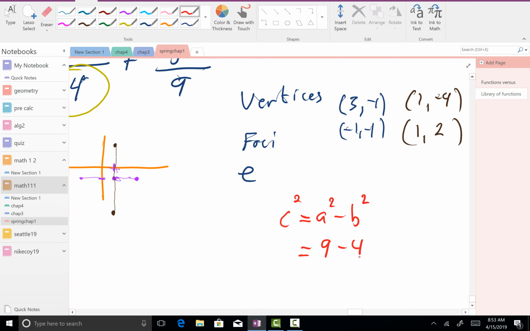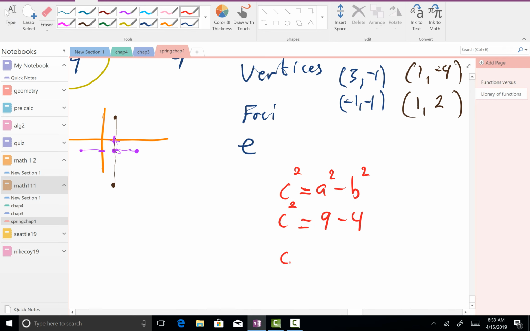Remember, it's got to be that way. So what is C going to turn out to be? C is square root of 5 plus or minus.